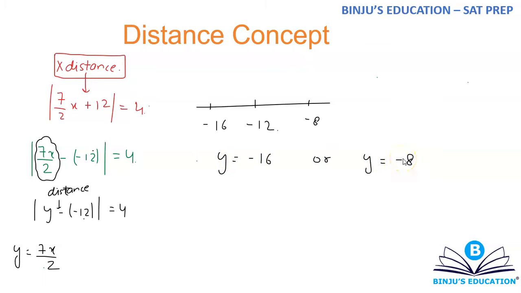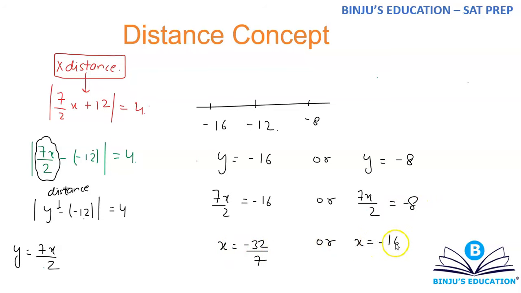But are we looking for the value of y? No, we are looking for the value of x. So I can say that 7x by 2 is equal to minus 16 or 7x by 2 is equal to minus 8. So x will be minus 32 by 7 or x will be equal to minus 16 by 7.